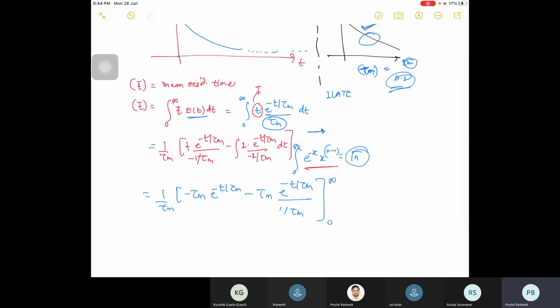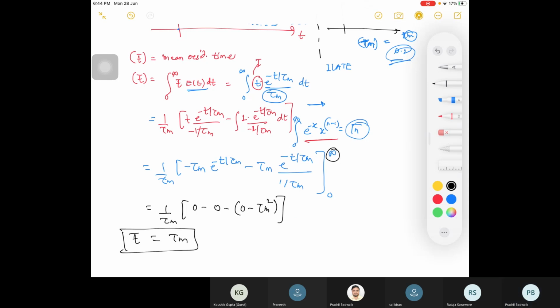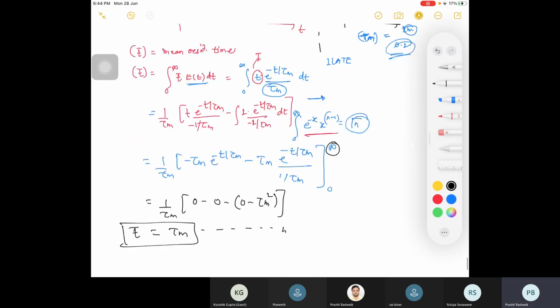So if you substitute this, you will get 1 by tau m into, if you put infinity here, you will get 0, e power minus infinity is 0, minus 0 minus tau m square. So this is your tau m, equation 4.